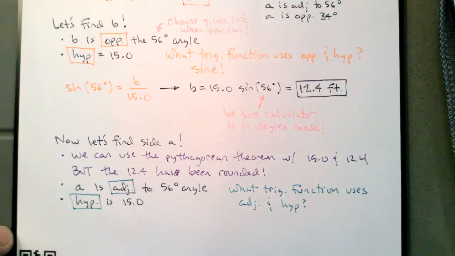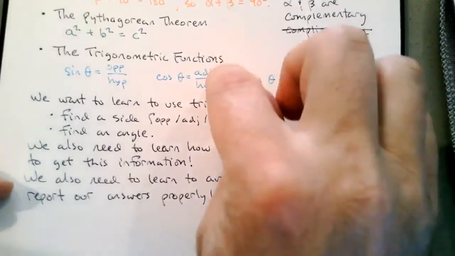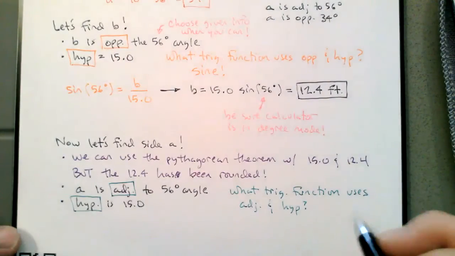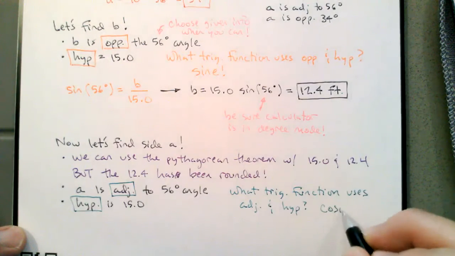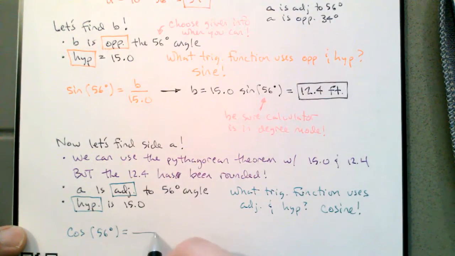Checking our list up here. Cosine. Cosine involves adjacent and hypotenuse. So I'm going to set up a cosine. And I'm going to say that the cosine of 56 degrees is equal to adjacent, A, the side I'm looking for, divided by the hypotenuse, which is 15.0.